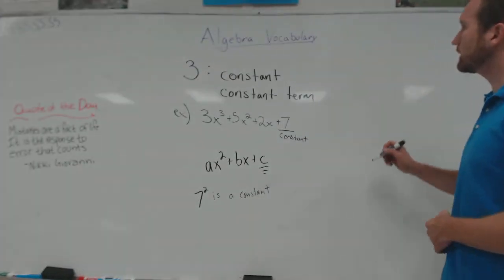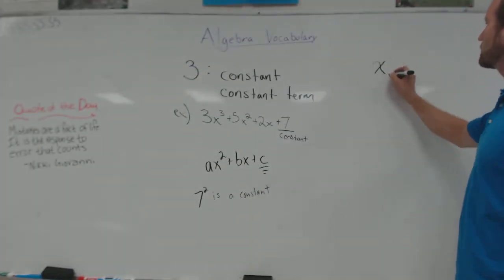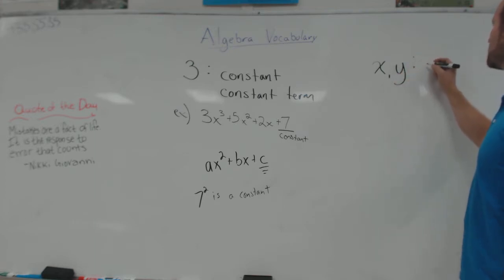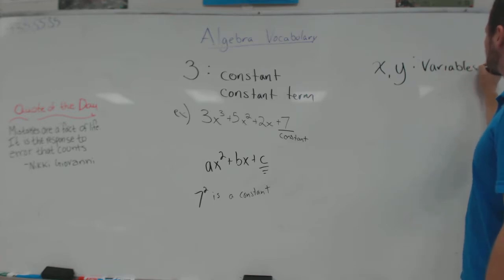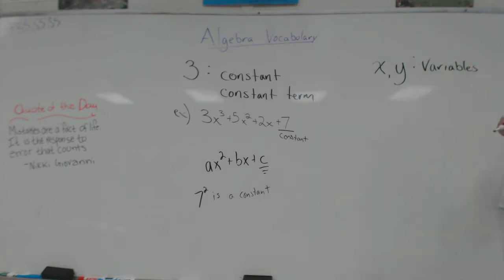Okay, so the next thing: x, y, these are variables. Right? So in our example, 3x cubed plus 5x squared plus 2x plus 7, our variables are all of these x's.